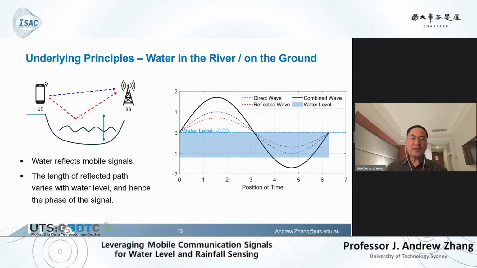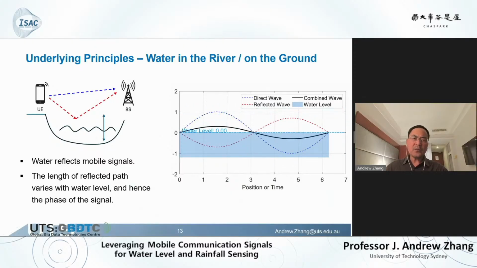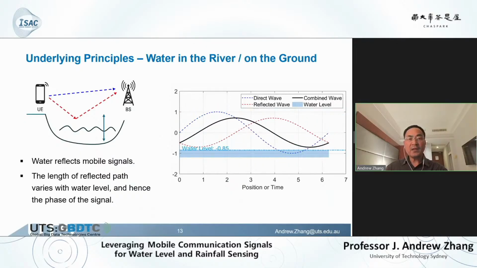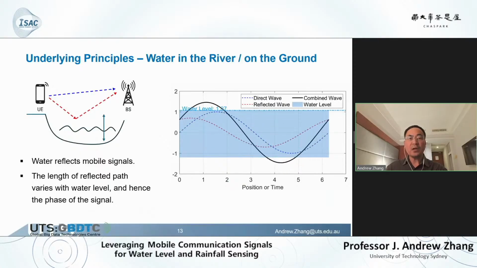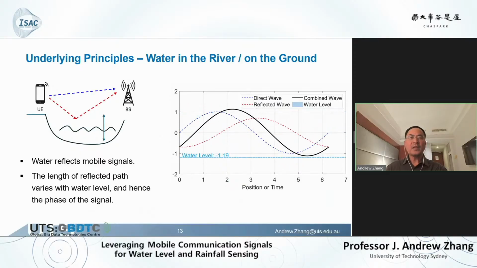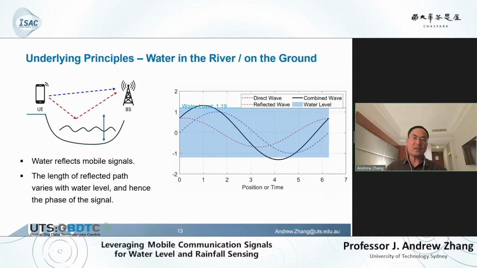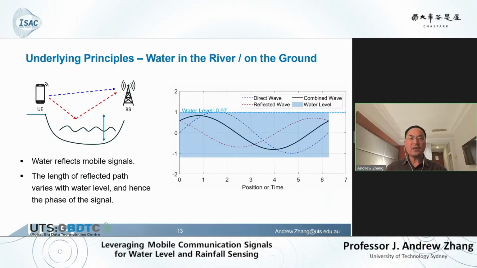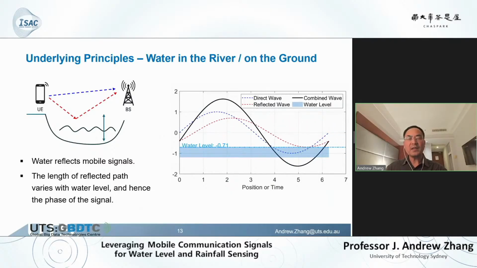And if such a change is, for example, comparable to one wavelength, then we will see a complete cycle of phase variation, right? So signal phase is the feature, or the variable, that we can extract for water level sensing.